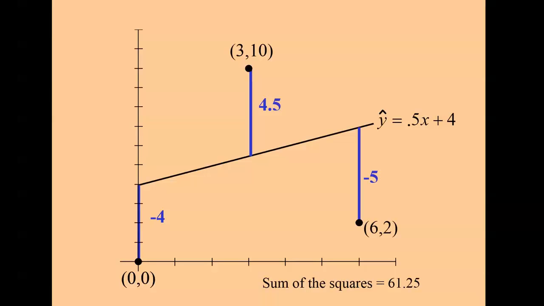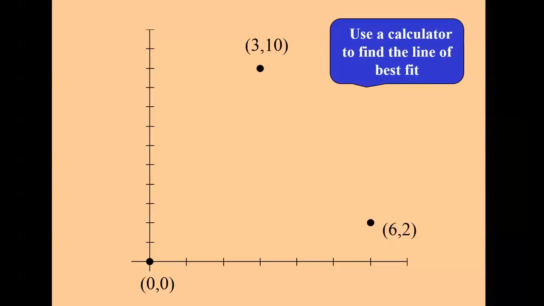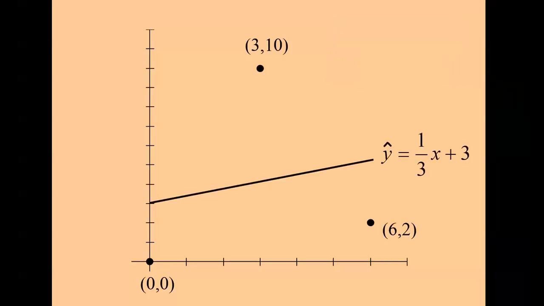Okay. Now let's take that in perspective with a calculator. Now let's let the calculator do the line of best fit. So we type the 3 points in, and that's the linear regression screen that I was showing you. And the calculator actually gives us this line, 1/3 x plus 3. And now notice none of the points are on the line.